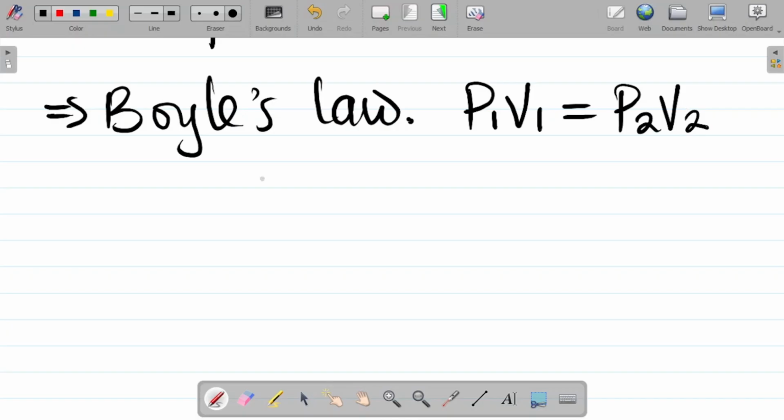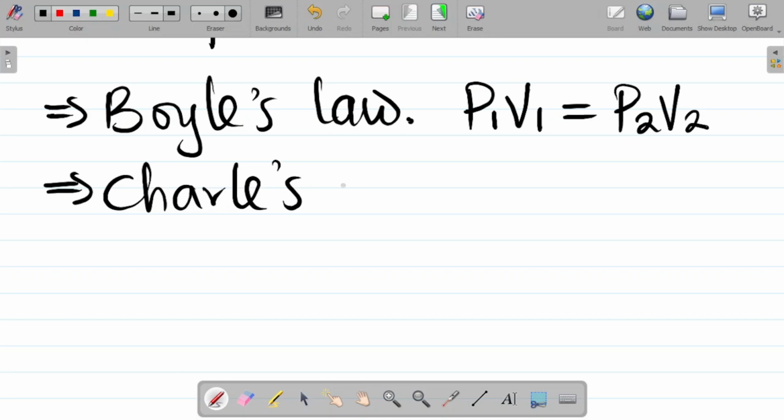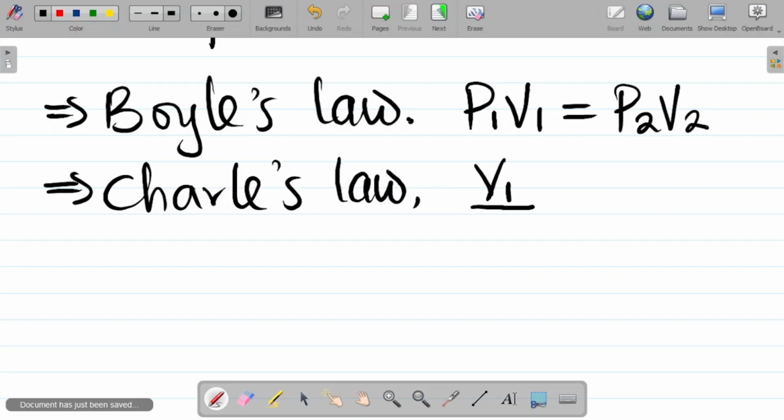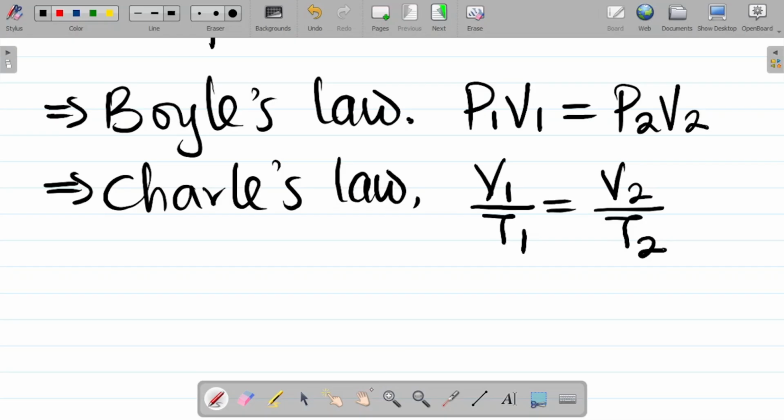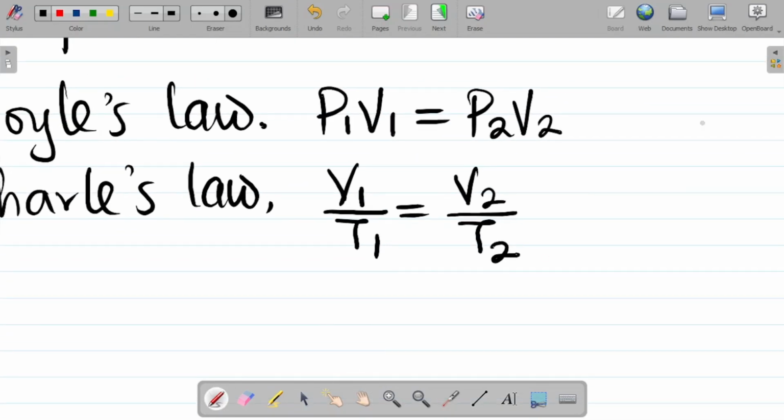We also discussed Charles' law, and from Charles' law, we said V1 over T1 is equal to V2 over T2. Let me call the first one equation 1, and the second one equation 2.